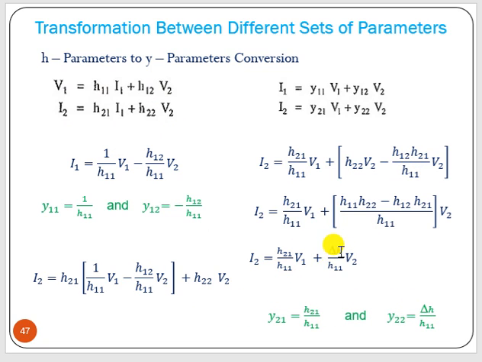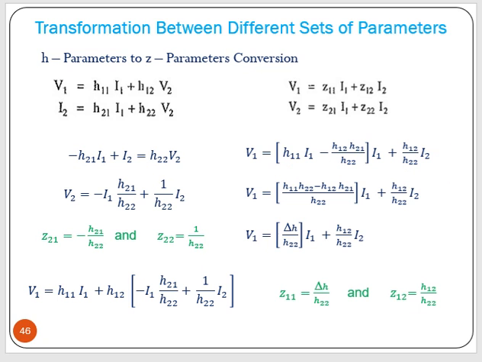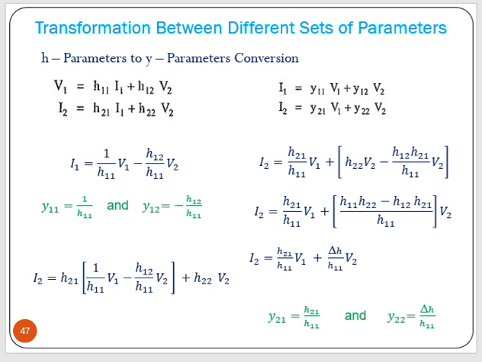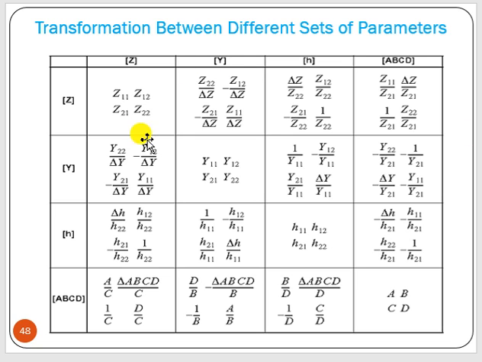Here also we have this del H value, which is nothing but the determinant of the H parameter matrix. These are the two examples of transformation that I have shown you, and we can have other transformations also. This is Z to Y parameter conversion, Z to H parameter, Z to ABCD parameter.